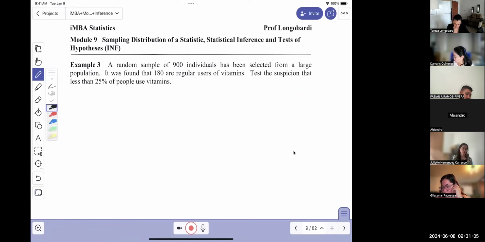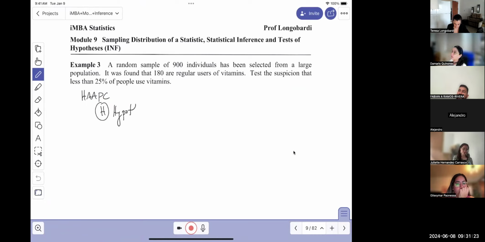All right, so how we do this, I explained that I'm going to do this in 5 steps, known as the HAP-C steps. Not happy, but HAP-C, because you arrive at a conclusion. That's the C. So for the H, the hypothesis, or the hypotheses, I have to set up the problem.